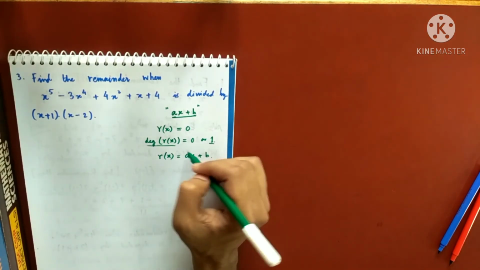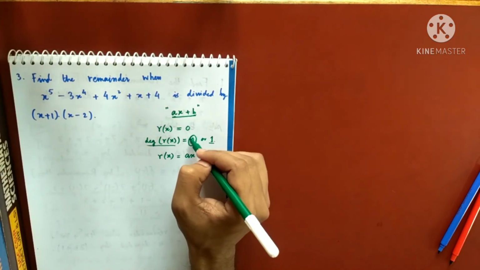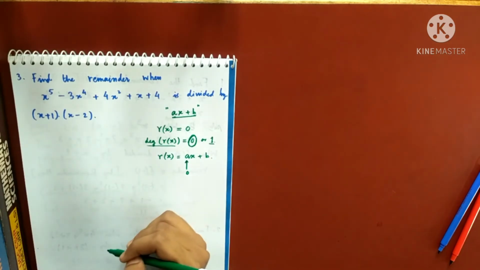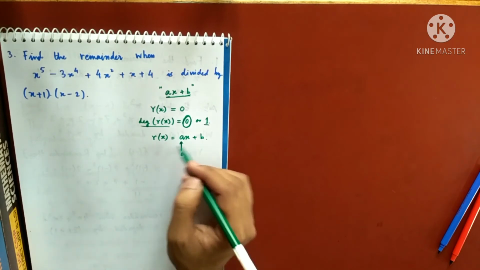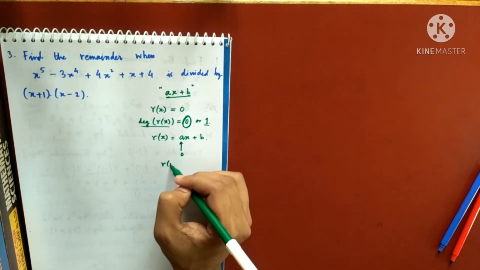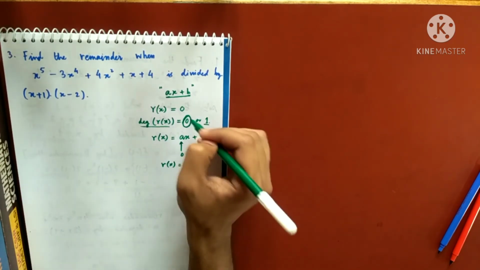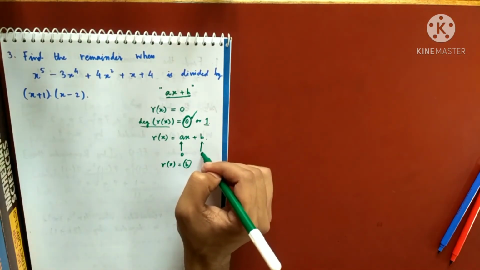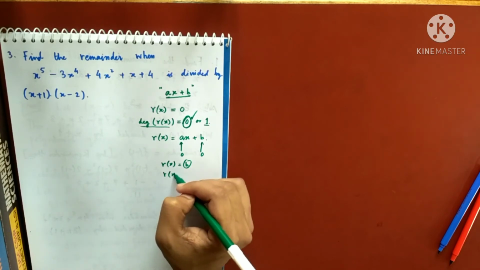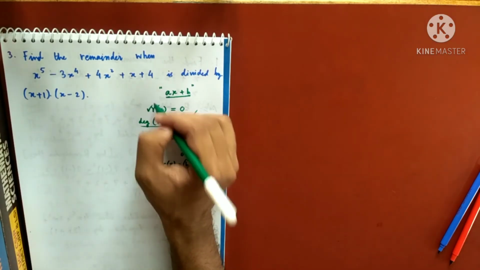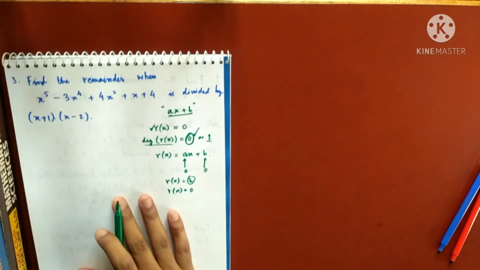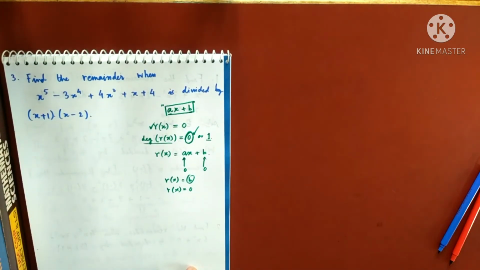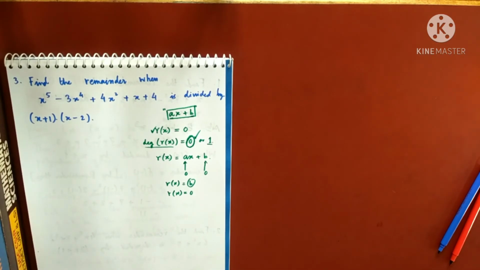Now, this also satisfies that the degree of Rx is 0. When can I say that the degree of Rx is 0? When the value of A becomes 0. Then the remainder is going to be just the constant. And even if A and B both are 0, then Rx becomes eventually 0. So this is also satisfied. So in general, my remainder is going to be of the form Ax plus b. Did you get it?